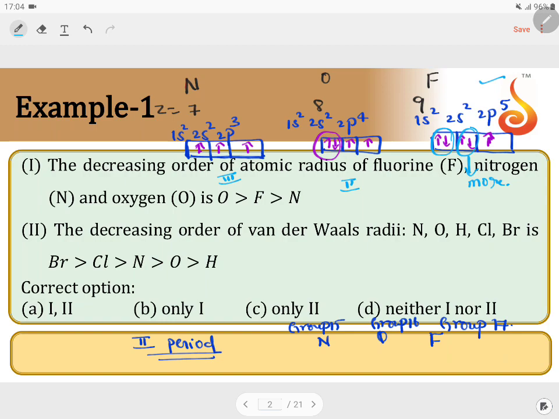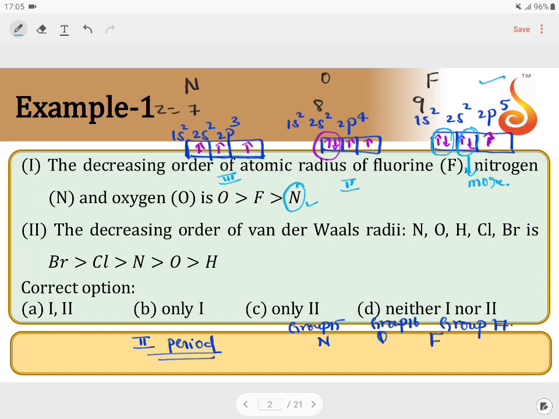Since in case of nitrogen there is the least repulsion, it has more attraction between the electrons and the nucleus, due to which it has a smaller atomic radius.